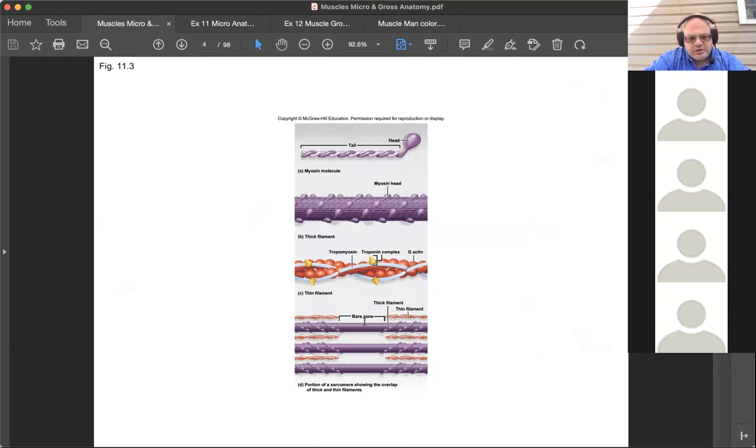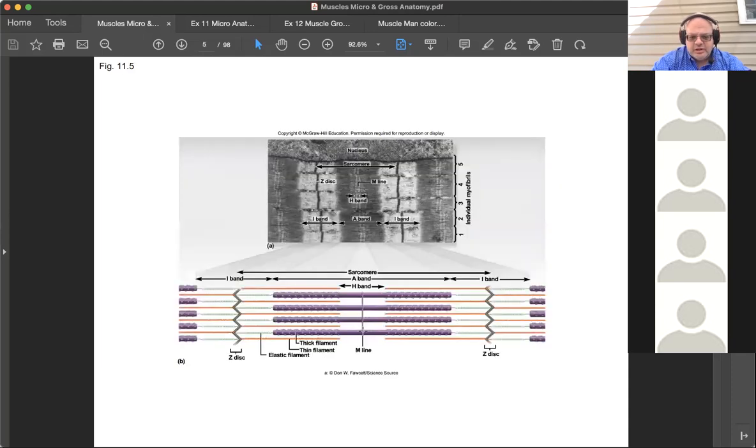You'll talk about this more in the physiology of it, but I want you to know that those myosin heads bind to actin. When you have contraction and overlap, those little heads are ratcheting and moving themselves in one direction along the actin towards the Z disc.